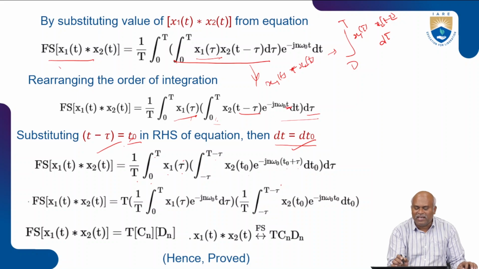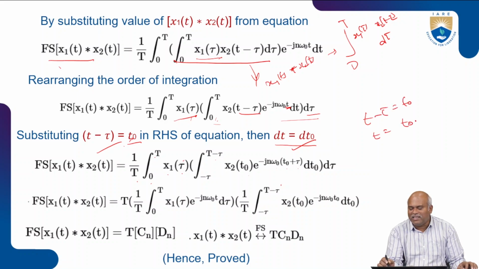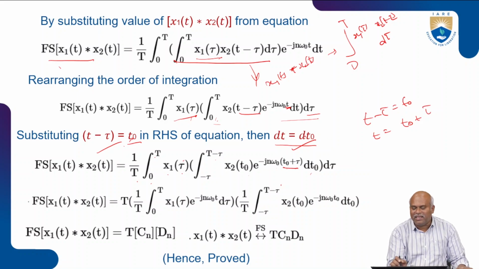So t is there, and we replace it based on this. So t minus tau equals t0, then t we write as t0 plus tau. Here dt, when you differentiate, dt is equal to dt0. Here I write dt0 d tau.